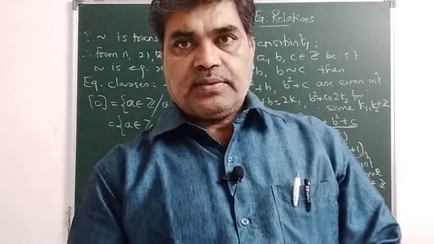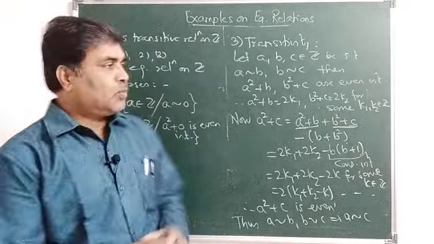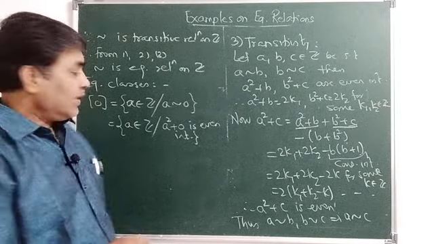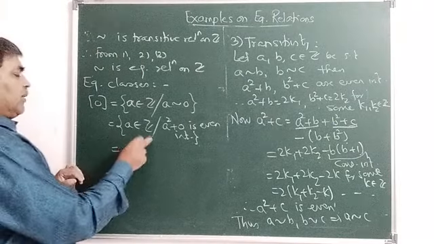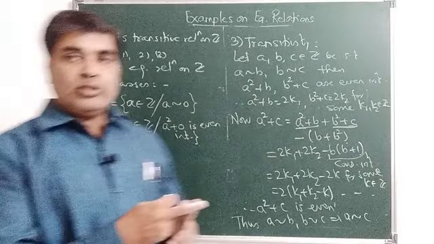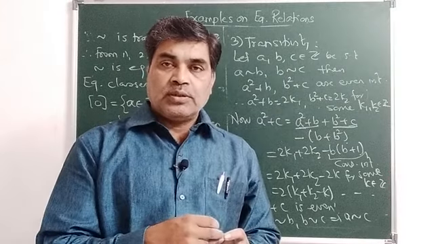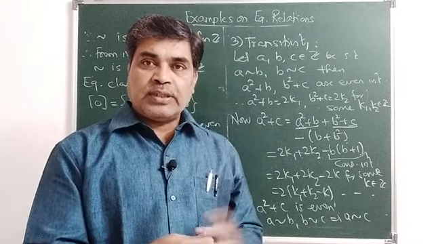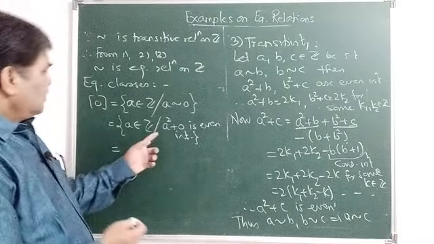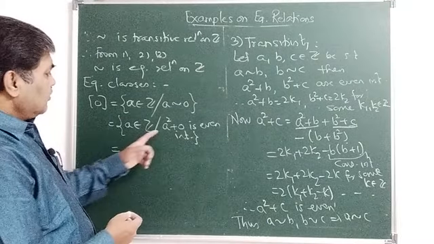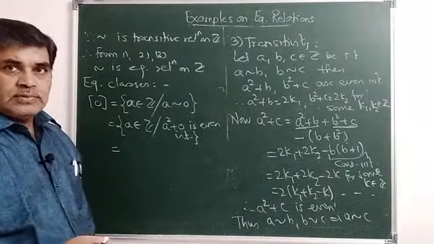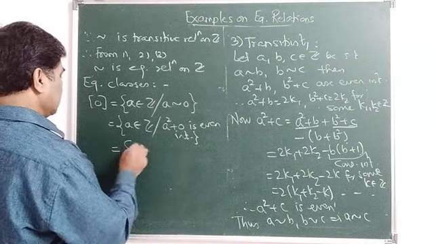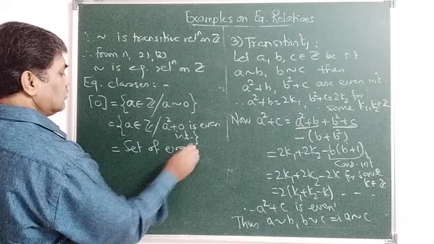What will be this set? The set of those a for which a square is an even integer. If I take 0 square is 0, 2 square is 4, 4 square is 16, 3 square is 9, 1 square is 1. So a square is even means your a must be even. Is it right? So it is nothing but the set of all even integers.